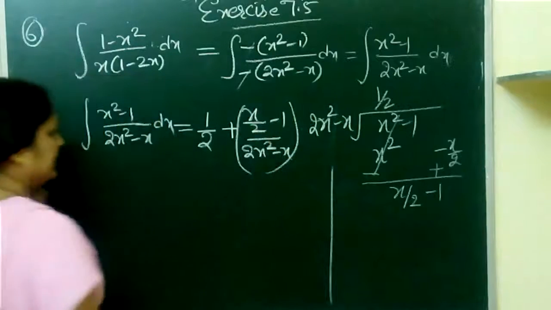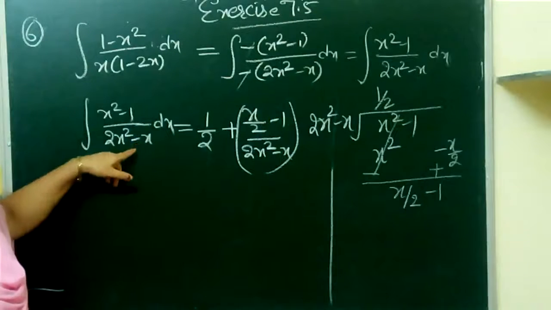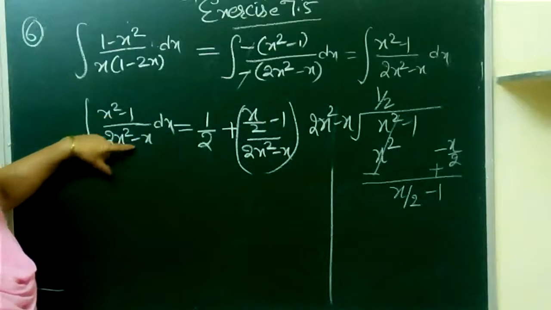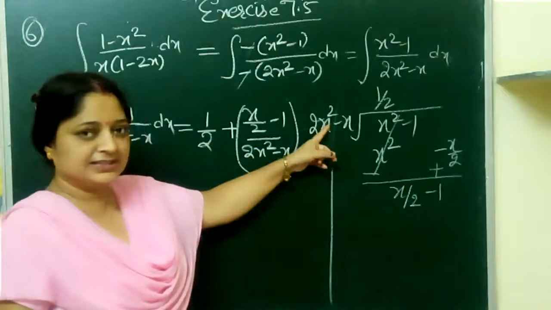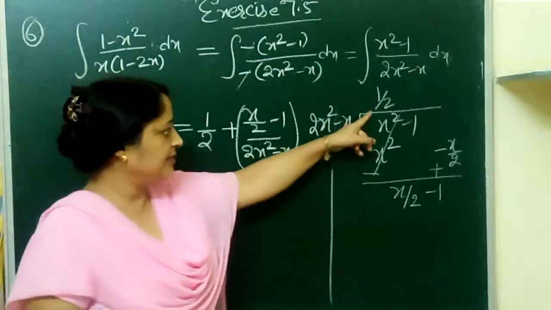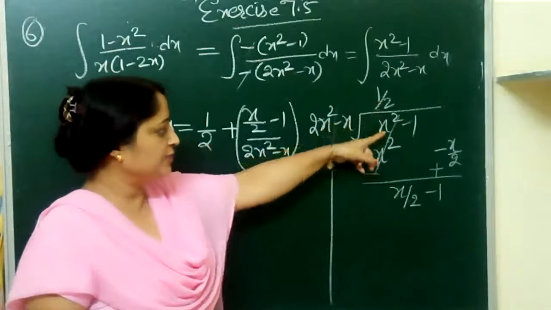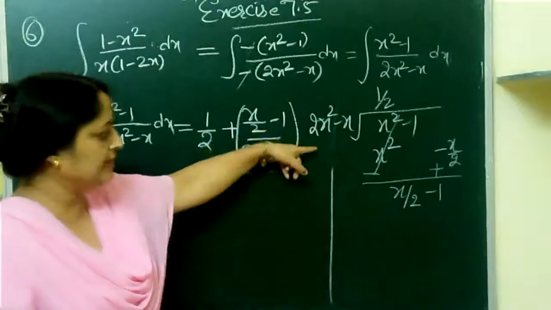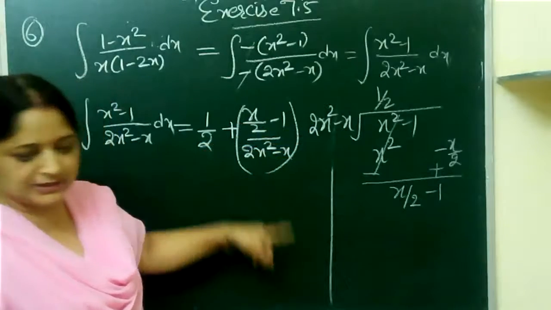So you will write in this form. This is known as a proper fraction. Again I am telling you, after dividing the numerator by the denominator, it will come quotient half, so we will write quotient plus remainder upon 2x square minus x.